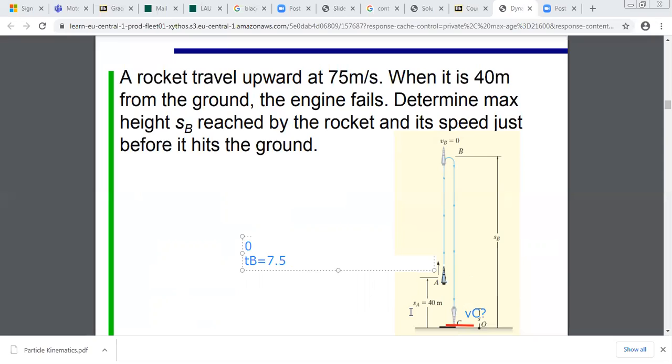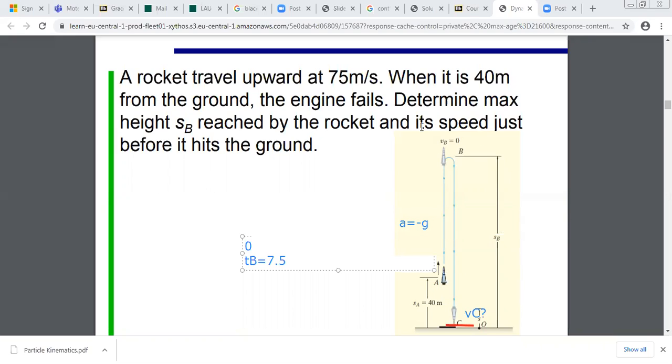Here also you can use two methods. First, this is one motion because over the whole path I have the same acceleration, A is minus g. So you can apply your relations either between A and C or between B and C. But I propose to use conditions at A because they are given.